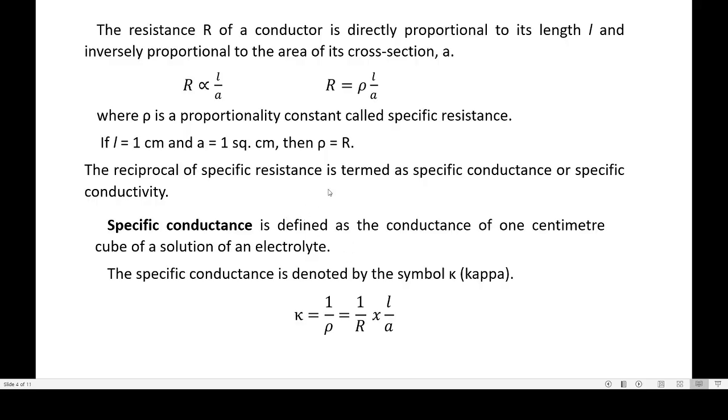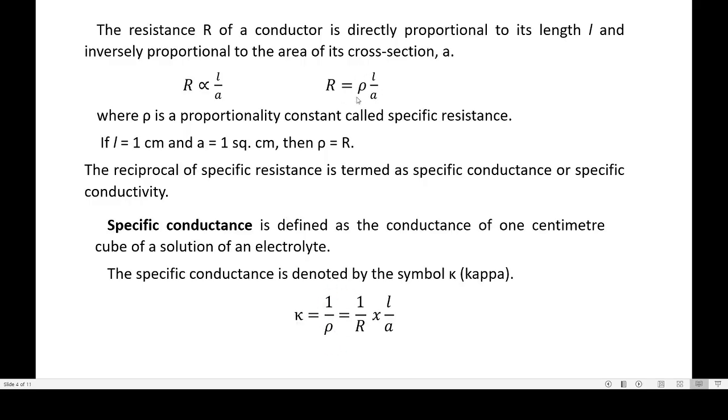So it is due to the conductance of the ions present in 1 centimeter cube of the solution. The specific conductance is denoted by the symbol small k, known as kappa. So specific conductance is the reciprocal of specific resistance rho.